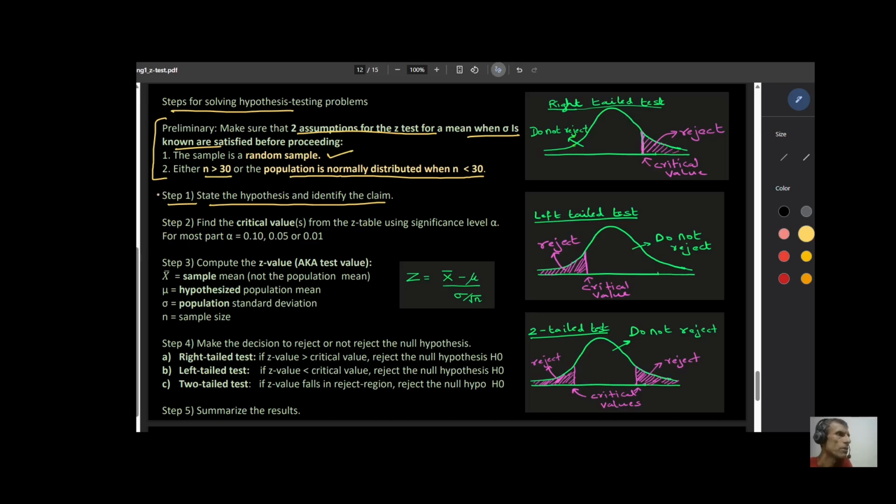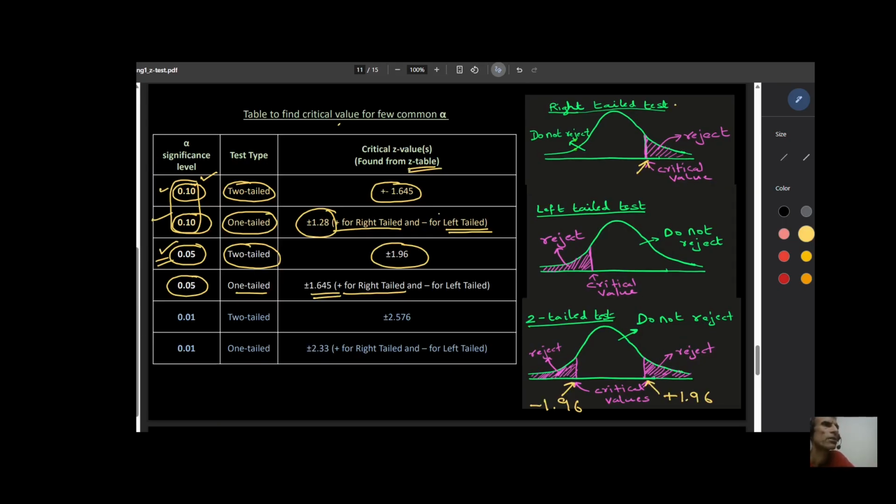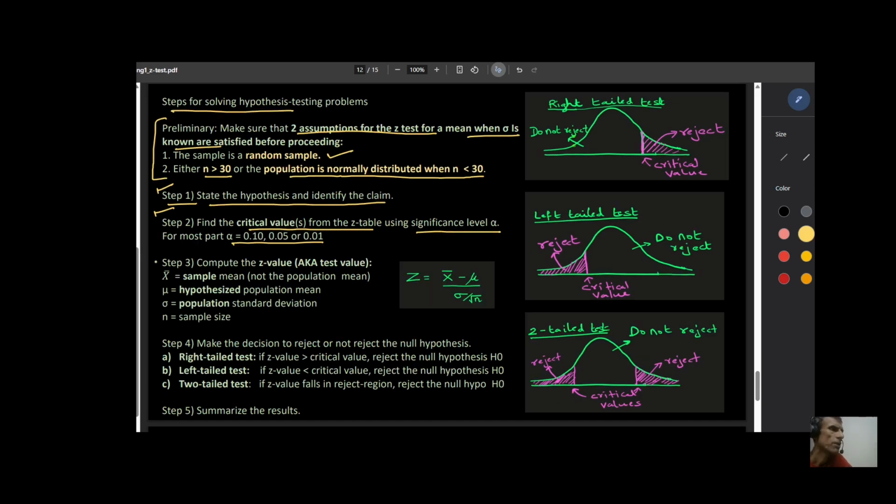Step two, you find your critical values from the z table using the significance level. For the most part, your alpha is going to be these values. So for convenience, I have put these critical values right here. You can actually look it up on this table and determine which critical value you are going to be using. Then step three, you compute your z value, also known as the test value, using this formula right here.